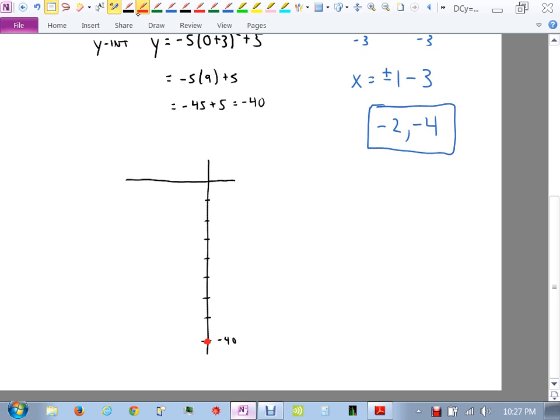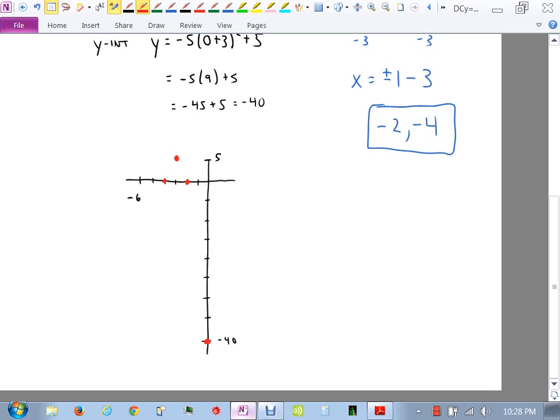My vertex was at negative 3, so I'm going to count here by ones. 1, 2, 3, 4, 5, 6. Let's say that's negative 6. So it's at negative 3 up 5, so that's 5. So 1, 2, 3, up 5. There's my vertex. I had x-intercepts of negative 2 and negative 4.